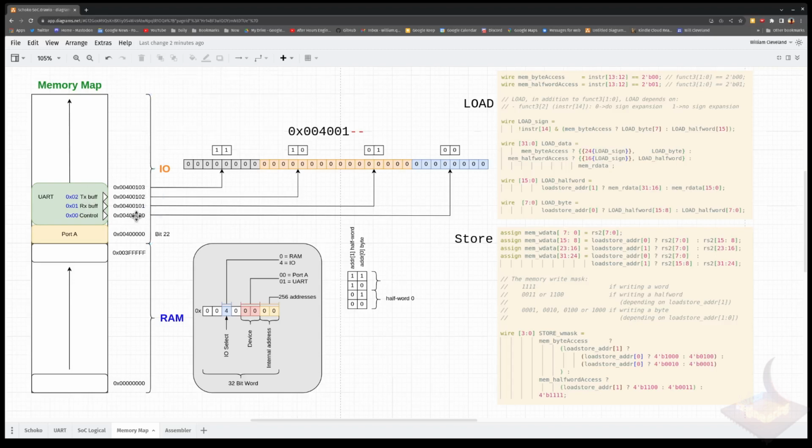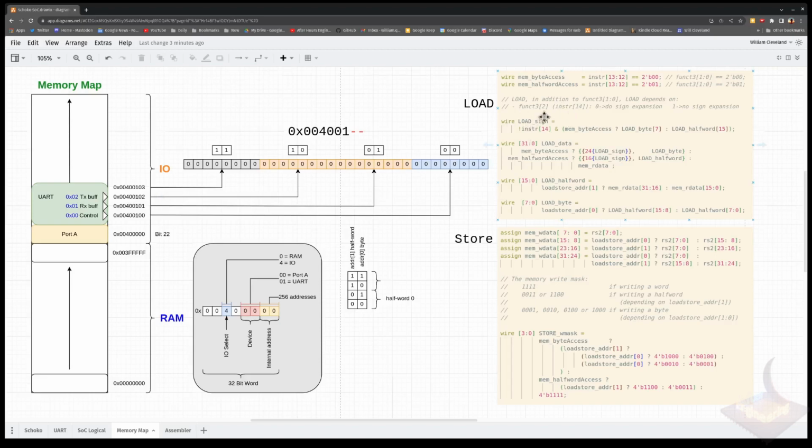So 0, 1, 2, and then 3 will access each one of these different registers, either writing to them or reading from them. Now the thing is that this adds a little bit of glue logic so that you properly read from these registers and correctly align them with the address in which they are. And I'll talk about that in a second.